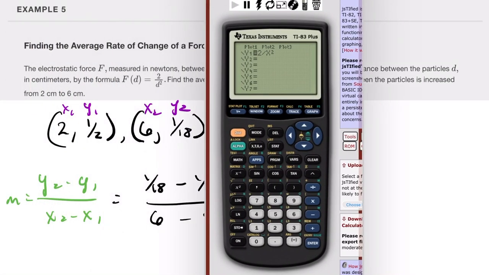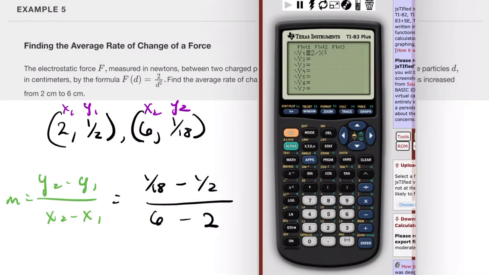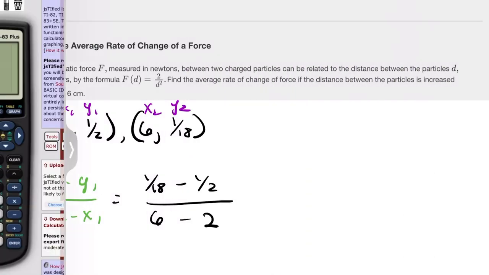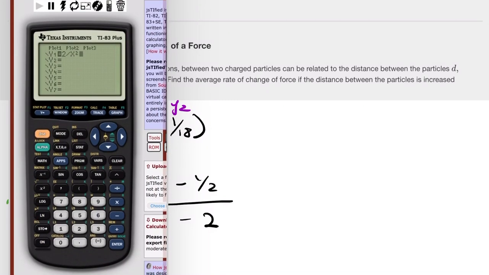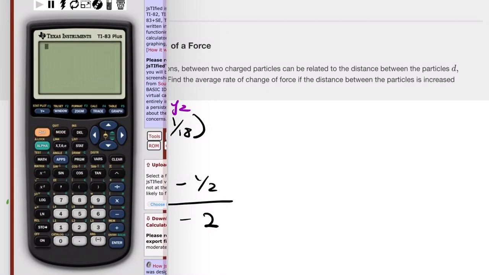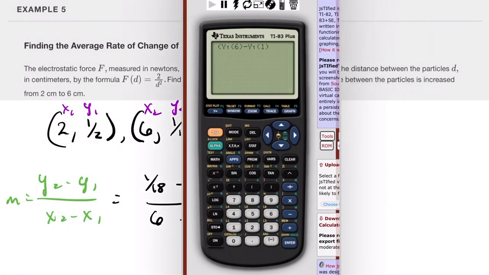And then I want to find the average rate of change as x goes from 2 to 6. So what I'm going to do is parentheses, I want to call on the function. Evaluate the function when x is 6, minus evaluate that function when x is 2.